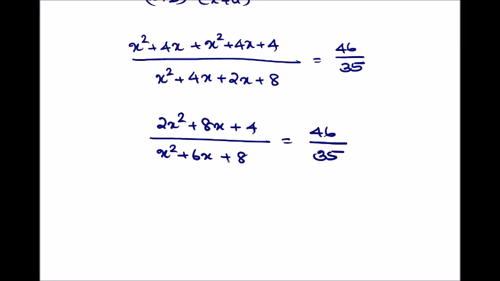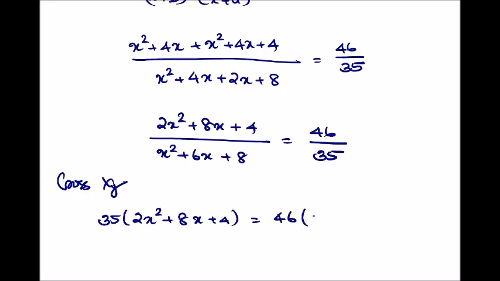Now cross multiply. 35 into 2x square plus 8x plus 4 is equal to 46 into x square plus 6x plus 8.